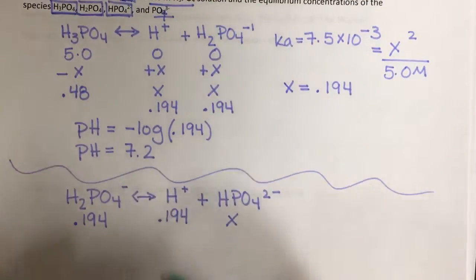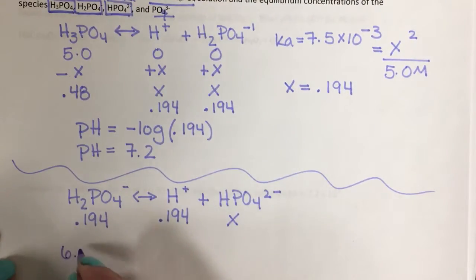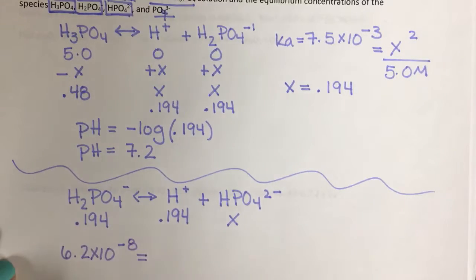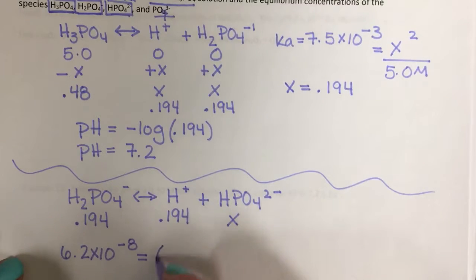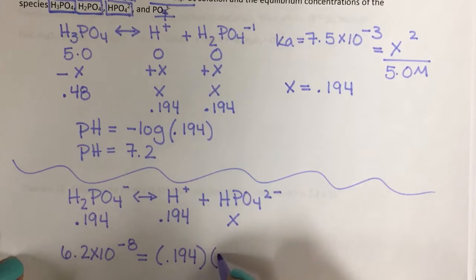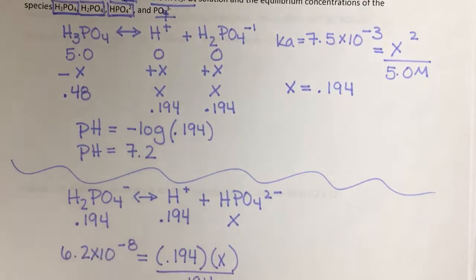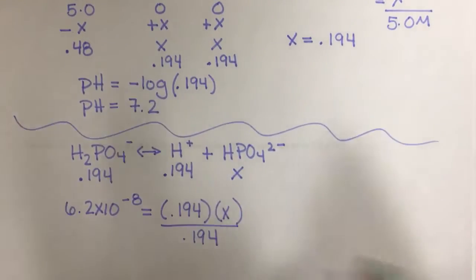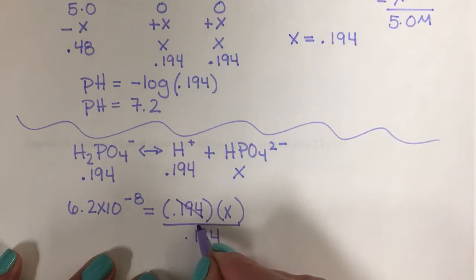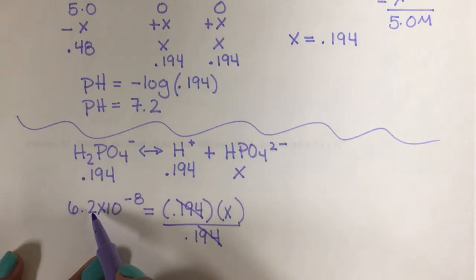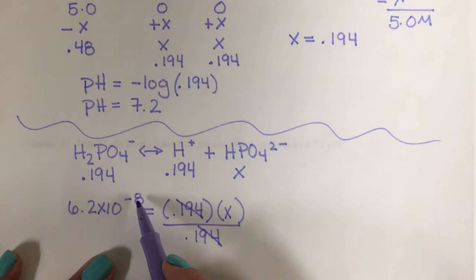So I know that 6.2 times 10 to the negative 8th is equal to the concentration of my products, so 0.194 times X divided by the concentration of my reactants, 0.194. Dividing anything by itself, it cancels out. So I'm told that X is going to be 6.2 times 10 to the negative 8th.